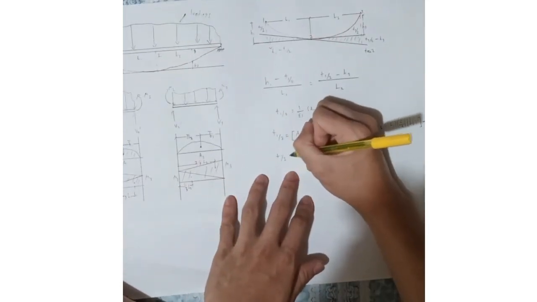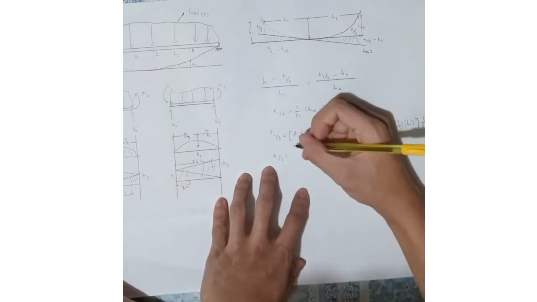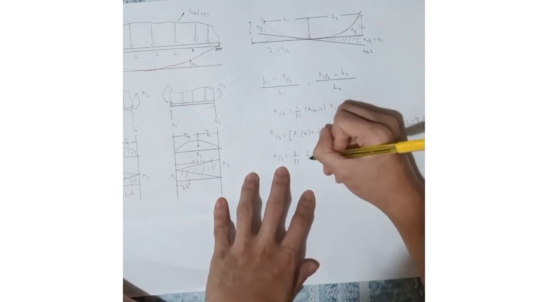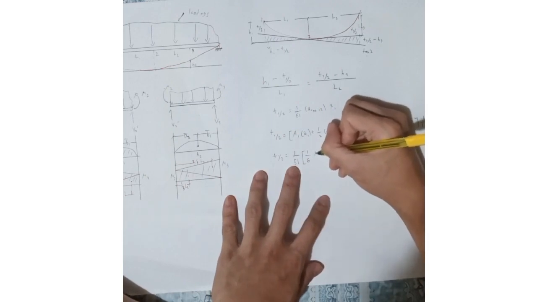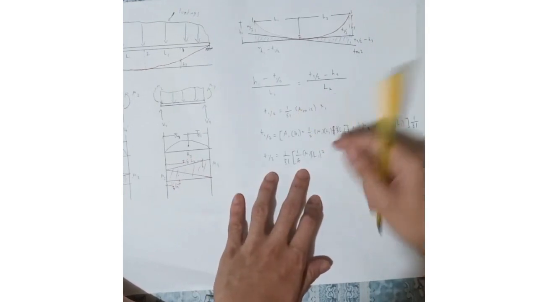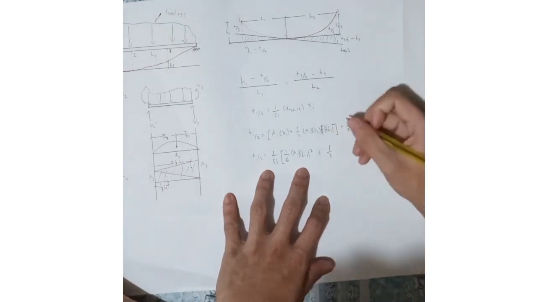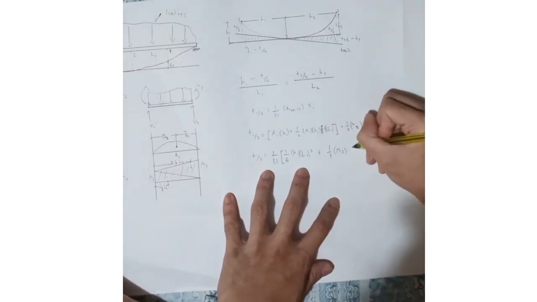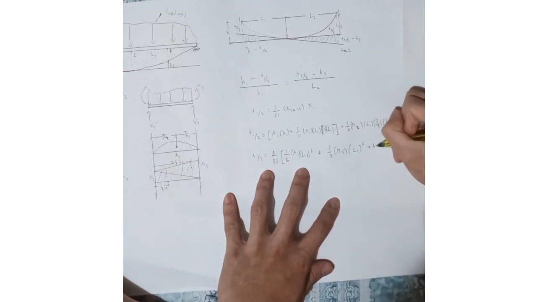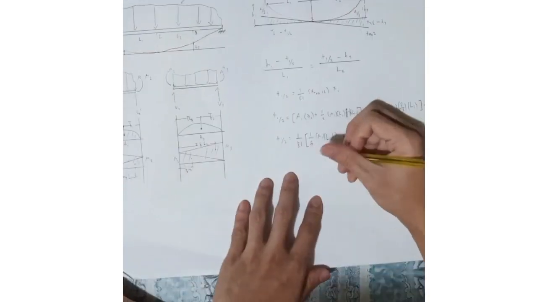Simplify, so multiply this 1 half 1/3 EI, so 1/6 m1 l1 squared, so multiply l1 plus 1/3 plus 1 multiply m2 and l1 squared plus a1 a bar 1. That's it.